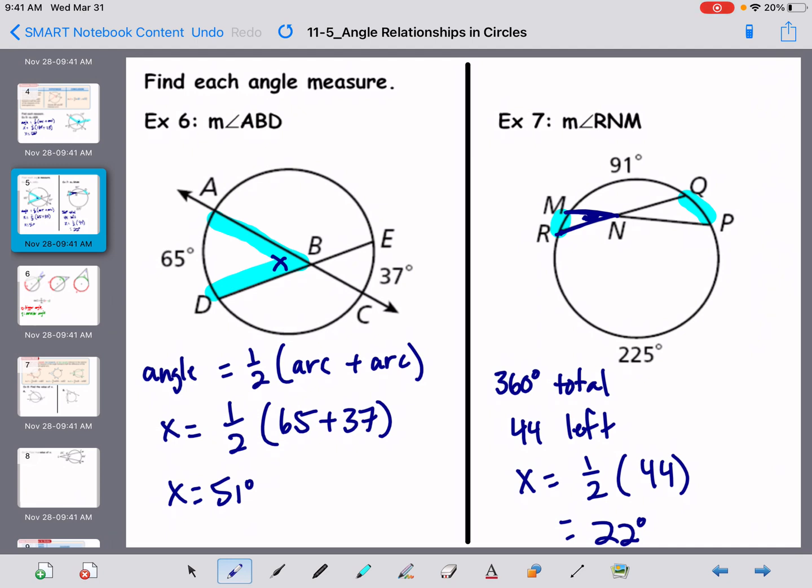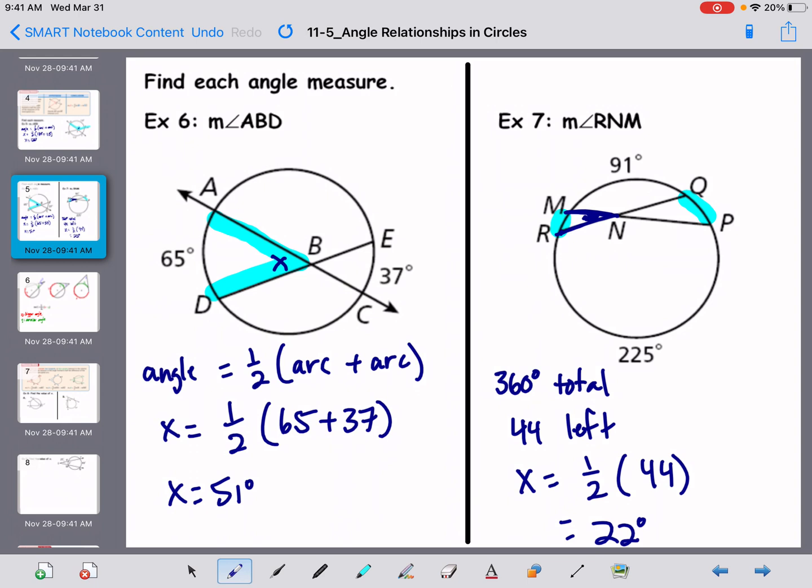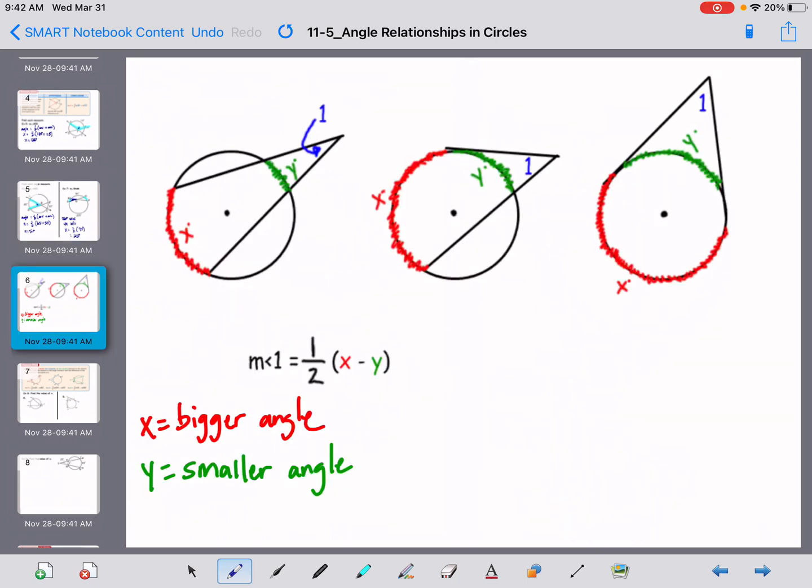All right, we got a couple more things to go through. I know this has ended up being a long video, but we're almost at the end of the tunnel here. All right, so these kind of look like our ice cream cone theorems. They're not, this one is really the only one that's the ice cream cone. The other two are just, well, what if we've got an angle that's outside the circle?